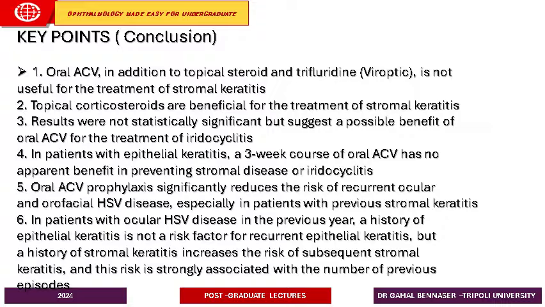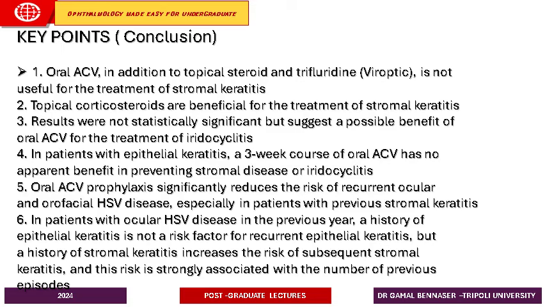However, the presence of stromal keratitis puts the patient at risk of recurrence, and only these patients need prophylaxis. And not only prophylaxis for stromal keratitis, but they also found that the use of oral antiviral will prevent the development of ocular eye disease or orofacial complications of herpes.